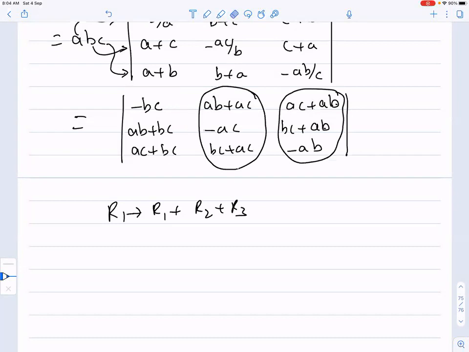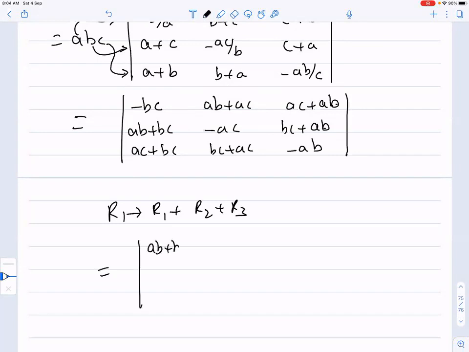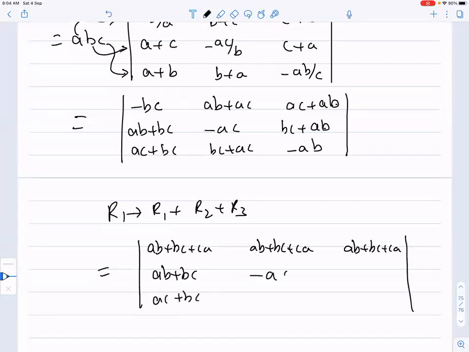So we are going to get AB plus BC plus CA, AB plus BC plus CA, AB plus BC plus CA. Now AB plus BC, AC plus BC, minus AC, BC plus AC, BC plus AC, BC plus AB, minus AB.